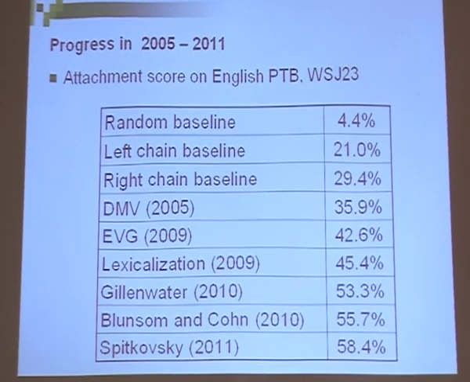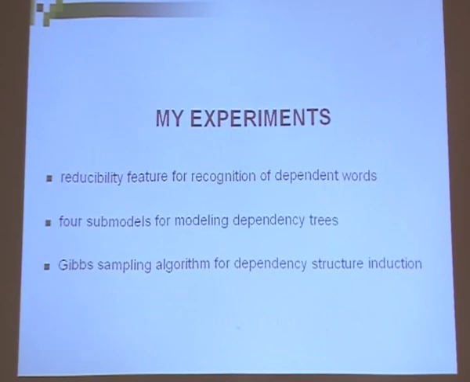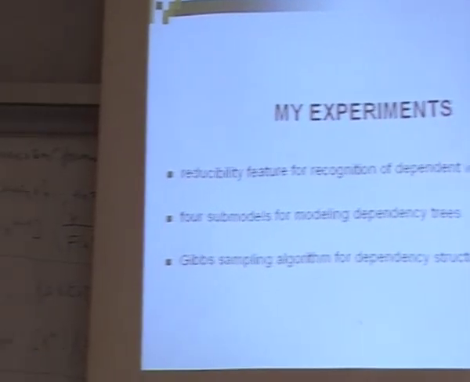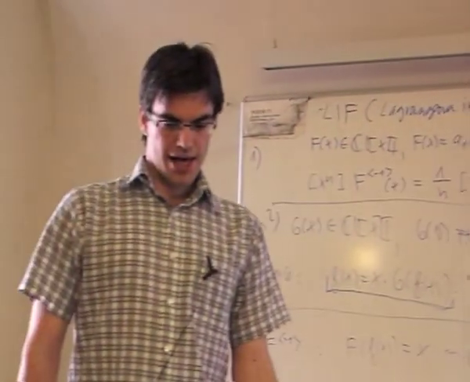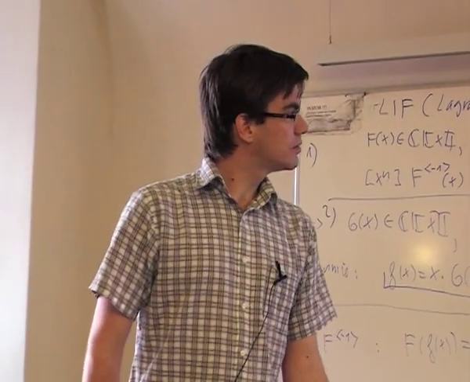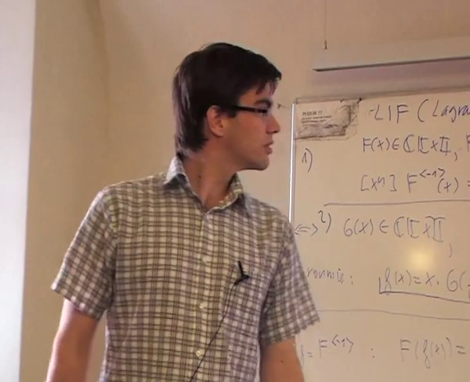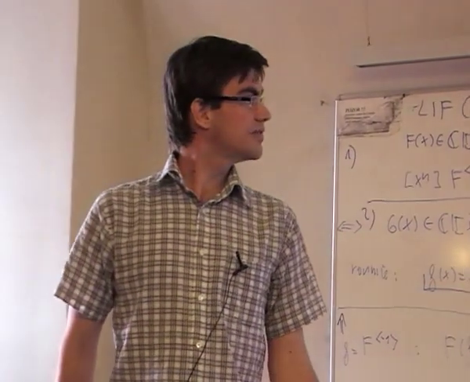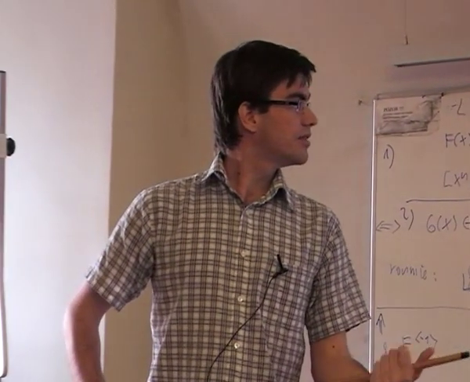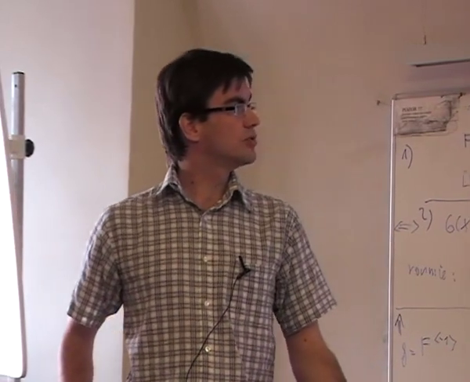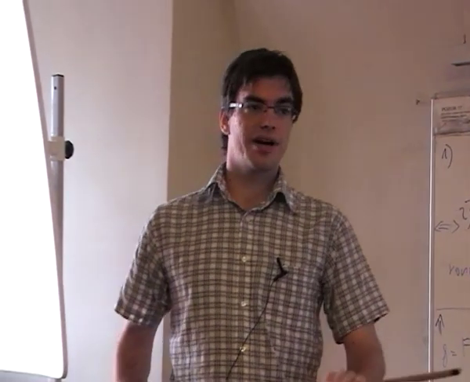With this quite simple model. So now I will switch to my experiments. I introduced the new feature into the model, which is the reducibility feature, with which we should recognize which words are dependent.